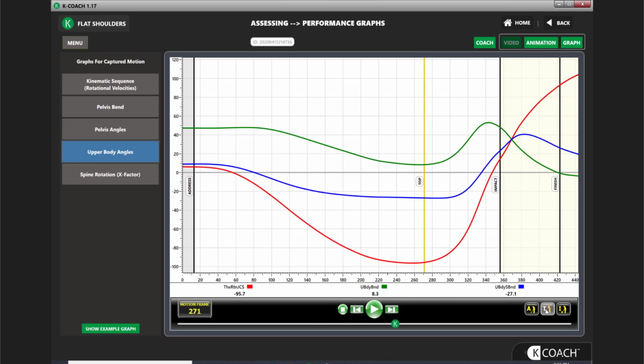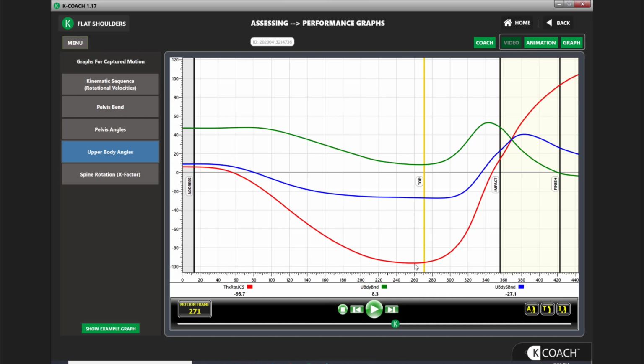Just a couple other things to point out that might occur and that you could be aware of with your players that are effects of the flat shoulders. Again, I would fix the flat shoulders first and see how these other things start to change as a result. But we can see that because the player had flat shoulders and lost stability in their upper body, they've almost gotten to 100 degrees of rotation with their upper body rotation graph.